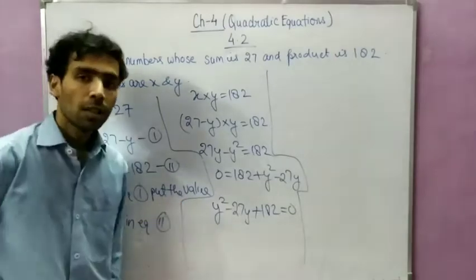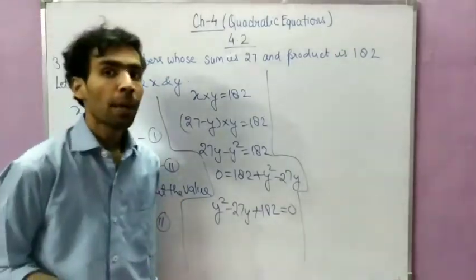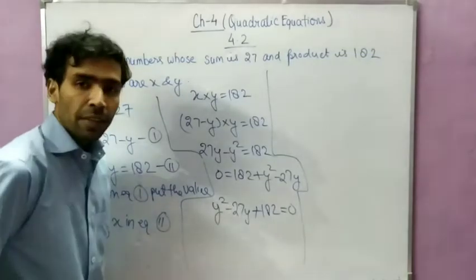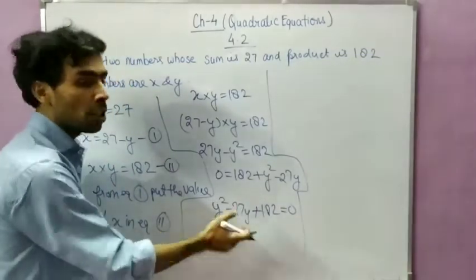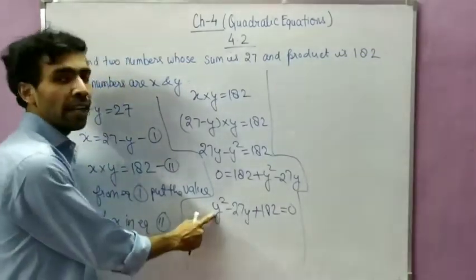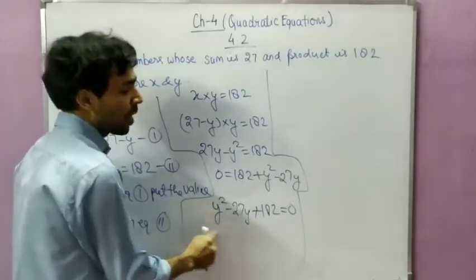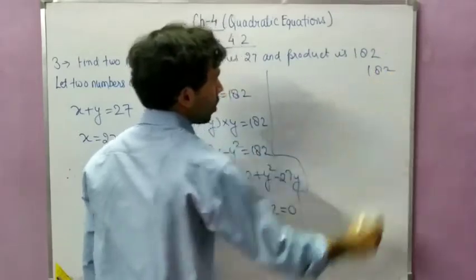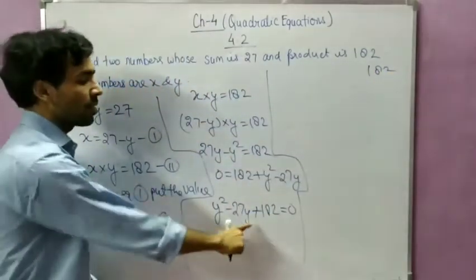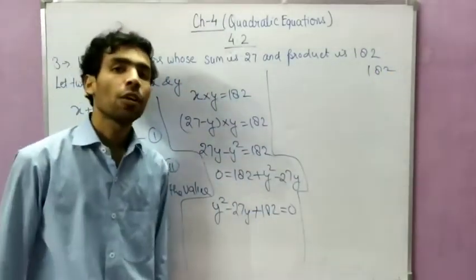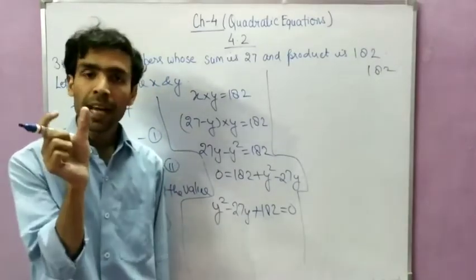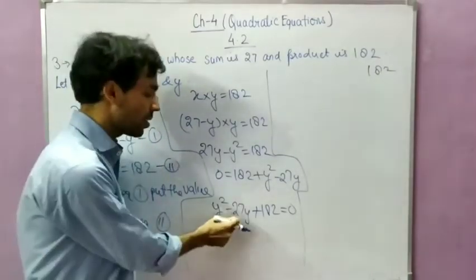Now solve it, and I told you how to solve, by the factorization method. So by which method will we solve it? We will use midterm splitting. The coefficient of y square is 1, and when 1 is multiplied by 182, we get 182. Because here is a plus sign, we have to take two factors of 182 such that when we add them, we get 27.